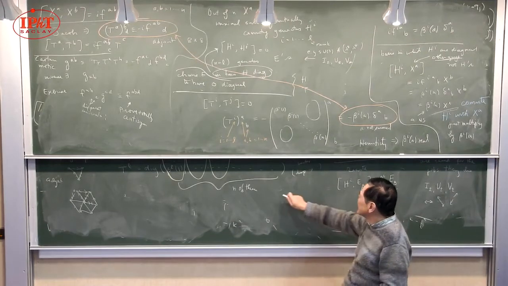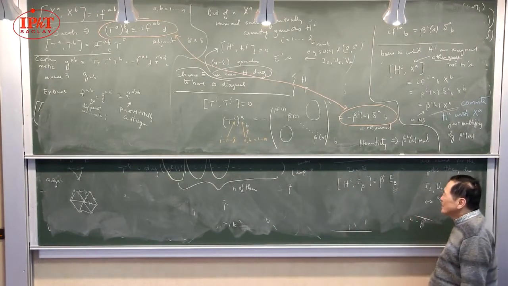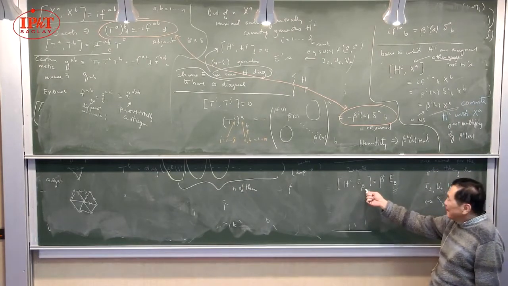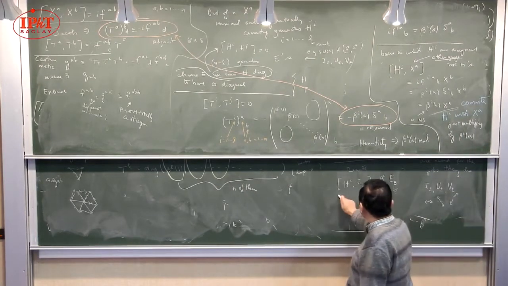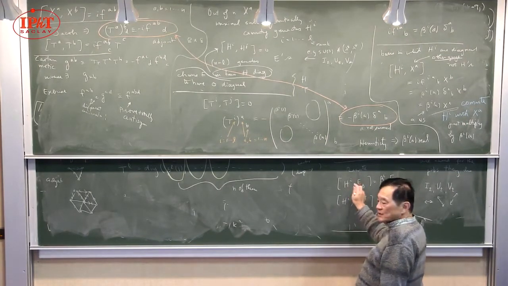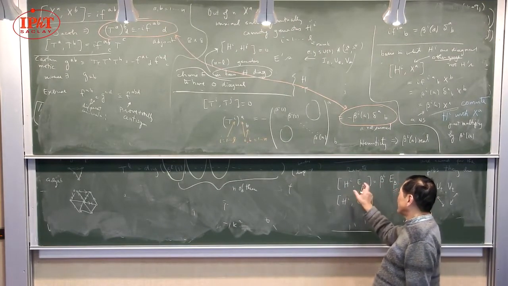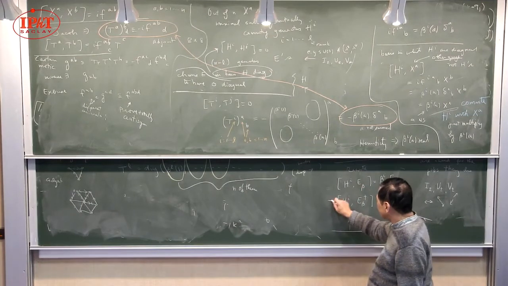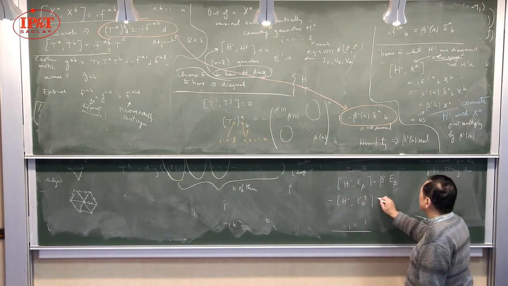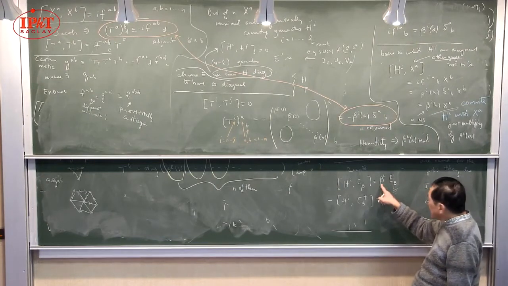Trivial exercise: Mr. Hermite told us to Hermitian conjugate this. If you Hermitian conjugate this, you get H_i, E_beta dagger. But when you Hermitian conjugate a product of two matrices, of course you reverse the order, so the commutator gets a minus sign. And this beta we already said is real, right?